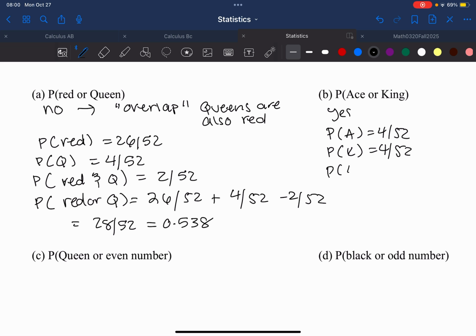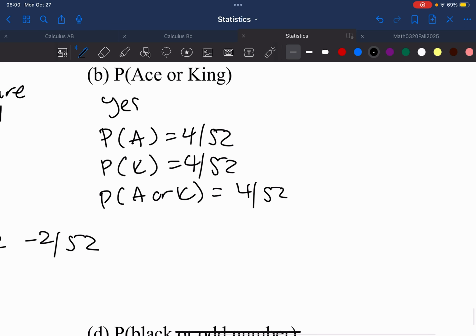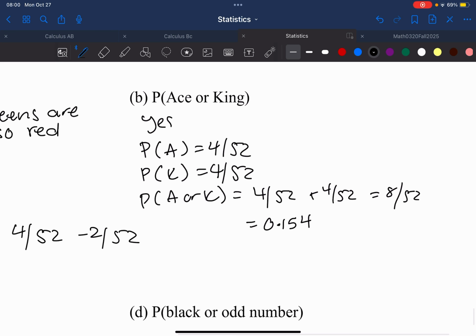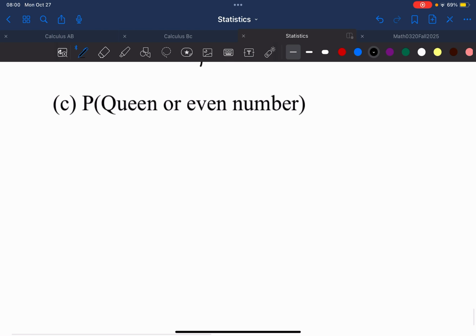So the probability of an ace or a king is going to be 4 out of 52 plus 4 out of 52. And since there's no overlap, we don't have to subtract anything. So the probability is 8 out of 52, which is 0.154.